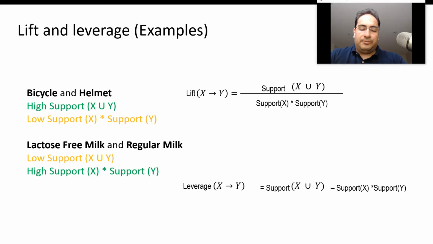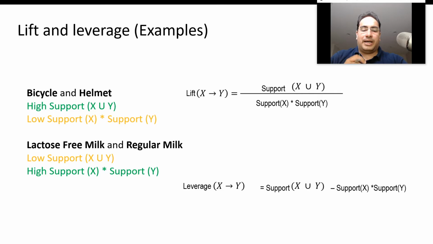What about lactose-free milk and regular milk? They have a very high support. Both of them are bought frequently. Regular milk is bought more, but lactose-free milk is also popular. A lot of people buy that. But when you look at it, I assume that the support of both of them bought together is actually low, lower than their popularity, which creates a lift of less than 1, which means that their relationship is kind of negative.